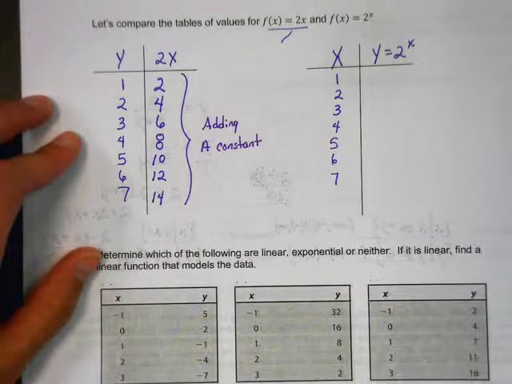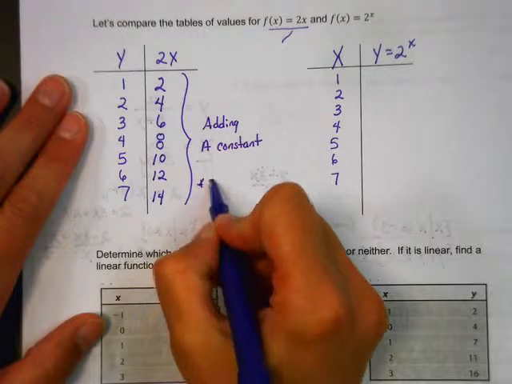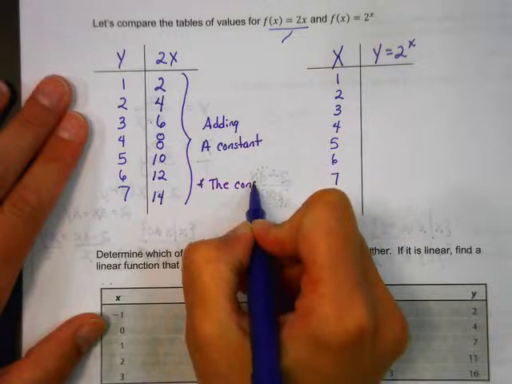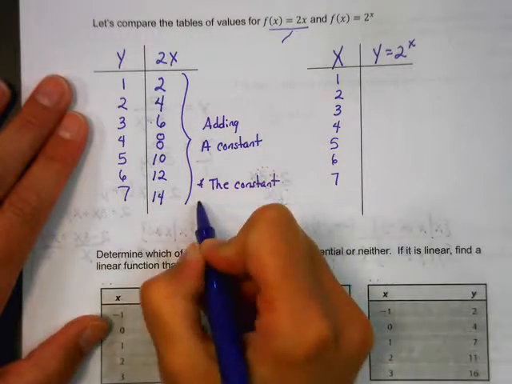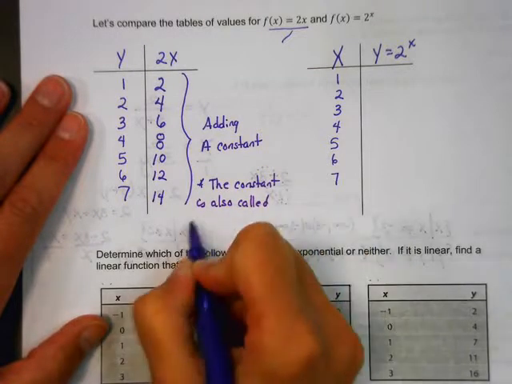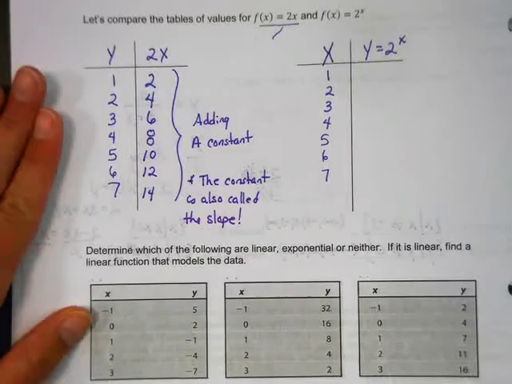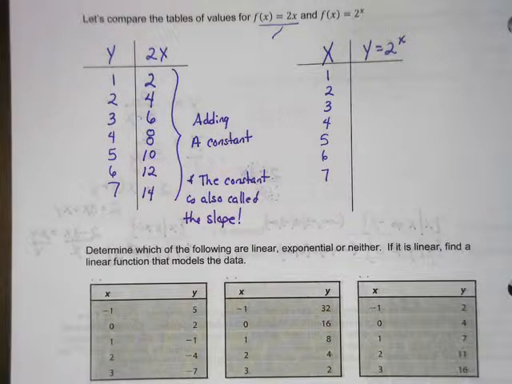Adding 2. And that constant you're adding is your slope. And that brings all sorts of memories back from 12, 15.